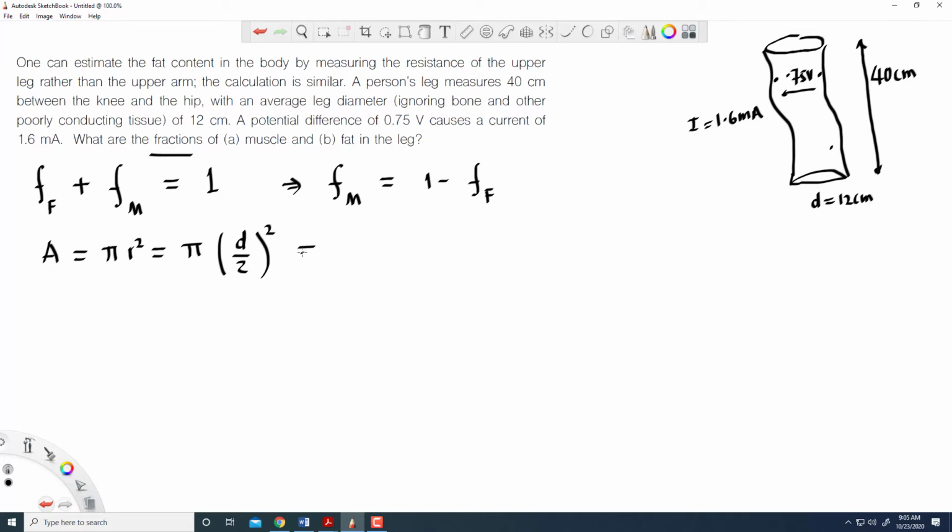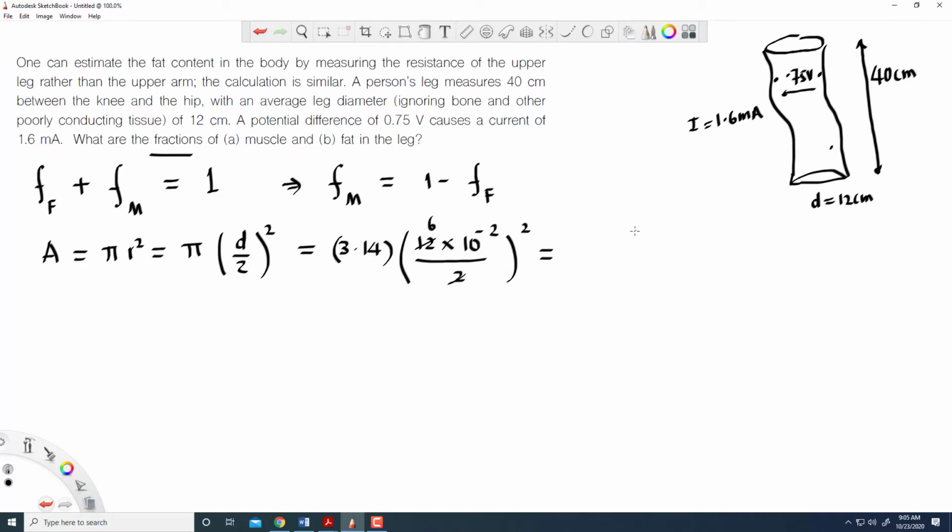That's the area. Pi is 3.14, and d is diameter. Diameter is given, so (12 times 10 to negative 2 over 2) squared. Can you guys do the calculation? I didn't bring my calculator here, so let's see. I can cancel this and this for 6. If I do the wrong calculation, please let me know.